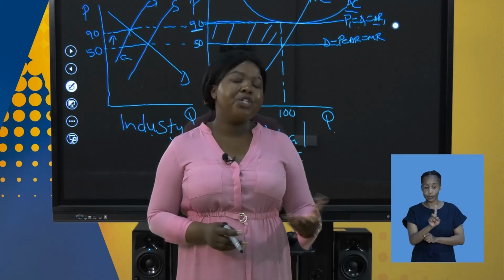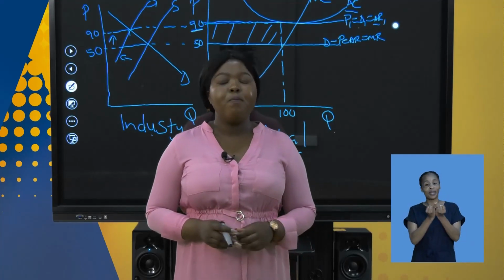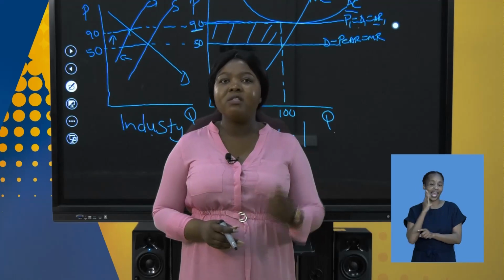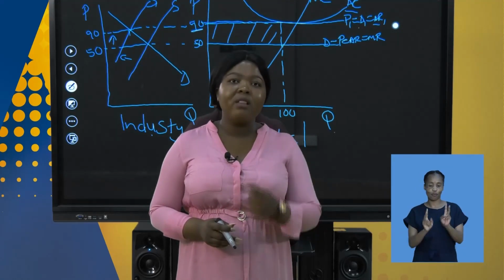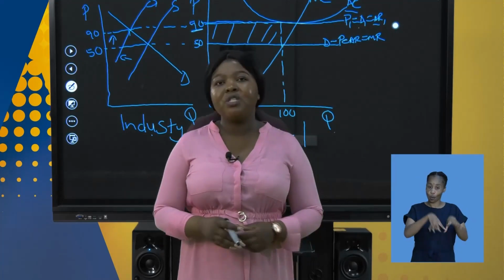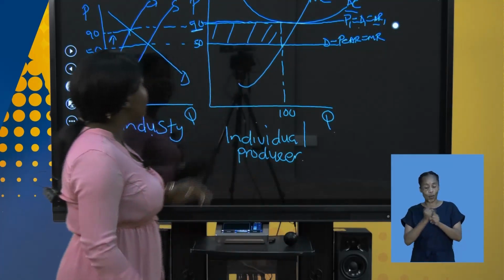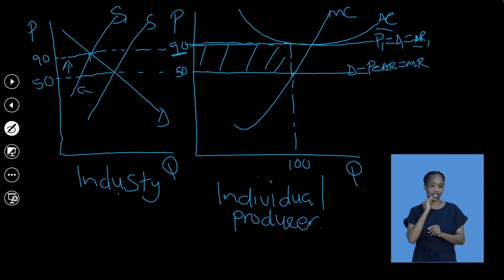So what is the conclusion, boys and girls? The conclusion is, in the long run, a perfect competitor will always experience normal profit. Whether you start by experiencing economic loss or economic profit, in the long run you will always experience normal profit.